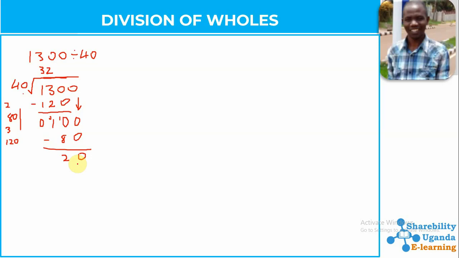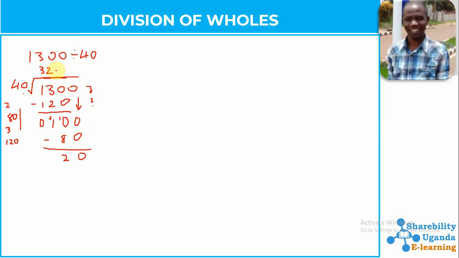So after we have remained with 20 here, that simply means we shall now say 20 divided by 40. When you say 20 divided by 40, it is still impossible. But there is no other number that we can bring down. So for us to be able to bring down another number, we put a point.